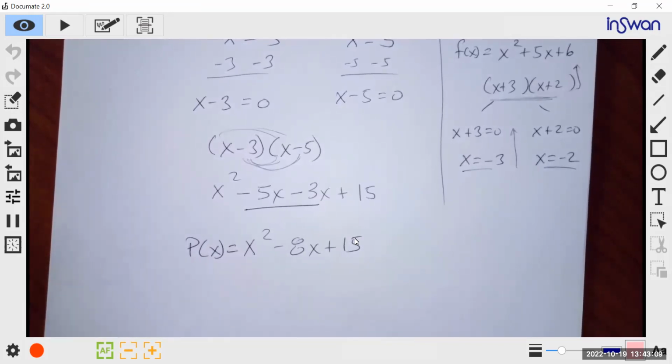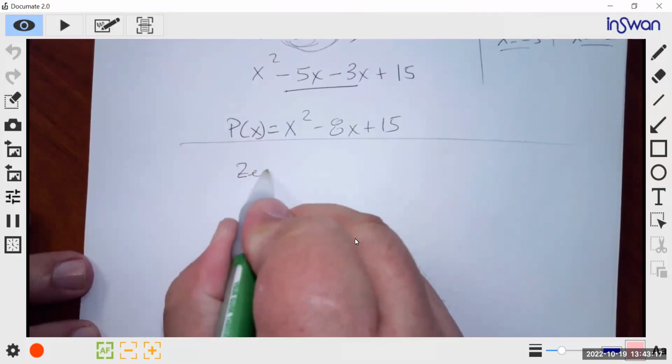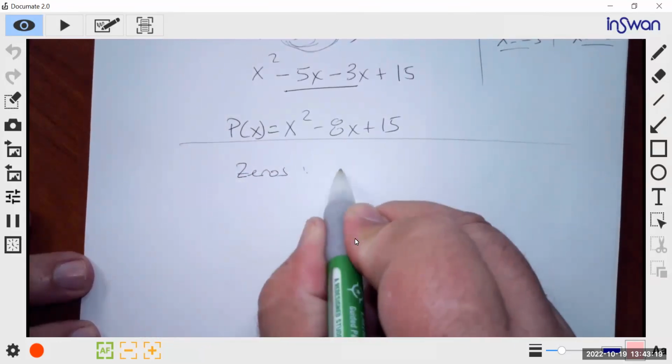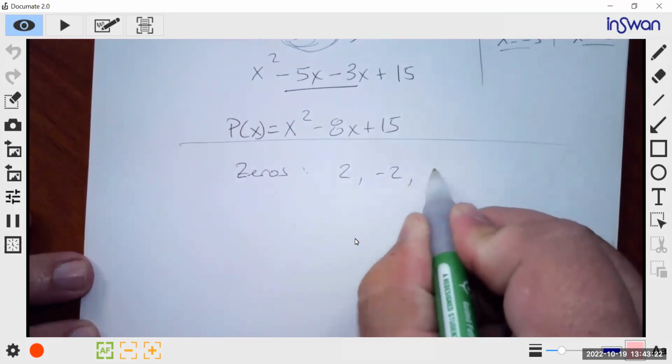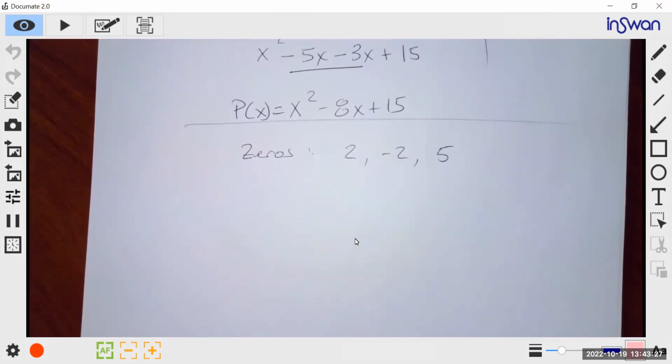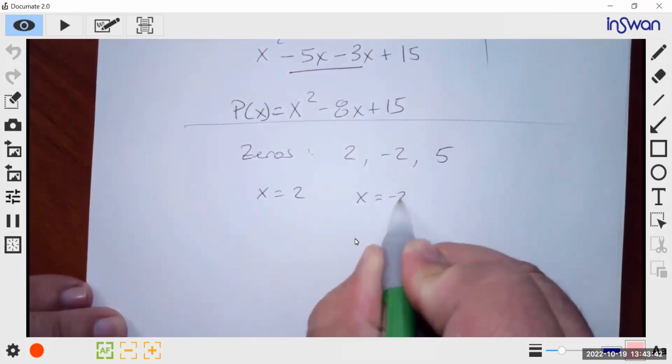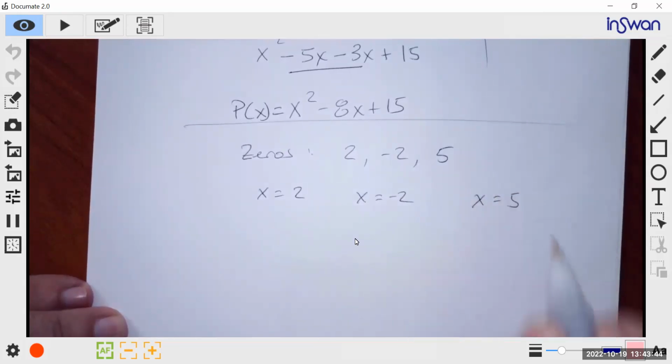The more zeros we have, the bigger your equation is going to be. If we have 3 zeros, what kind of equation are we going to have? What's our degree going to be? 3, because the number of solutions is our degree.